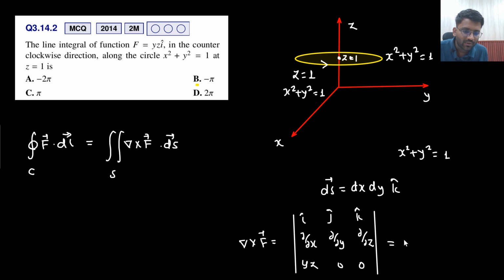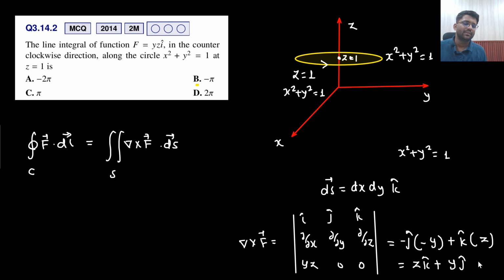With respect to i cap, you will be getting everything 0. With respect to minus j cap, differentiation 0, here you will get minus y. And with respect to k cap, you will be getting z. So what you are getting is z k cap plus y j cap.